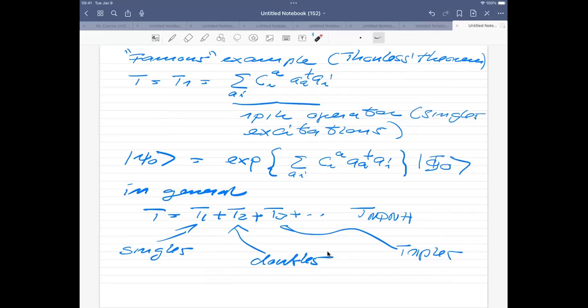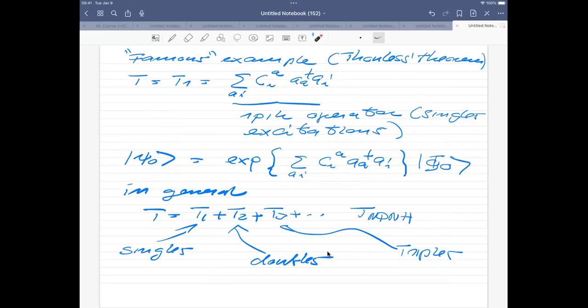Now, in this particular case, when we looked at the Hartree-Fock reference state, we could then express another Slater determinant in terms of a linear combination, because when we calculate this one, it reduces to a set of linear excitations, but we can write it in terms of this exponential ansatz.